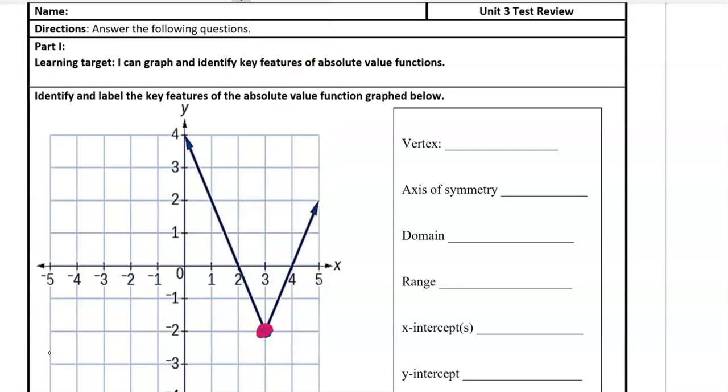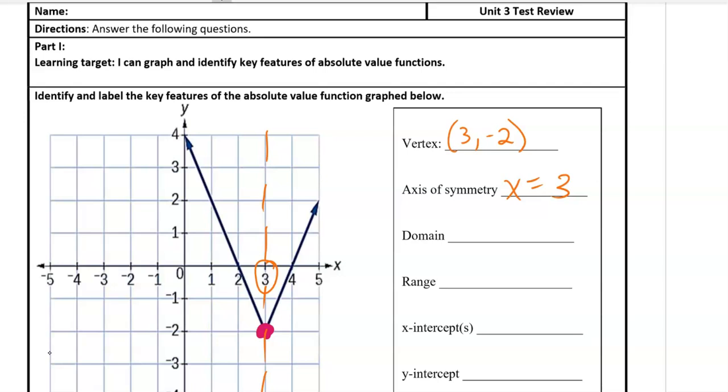So this point here is our vertex, and that point is at (3, -2). All right, the axis of symmetry is going to be that line going straight down the middle of our graph. And it is always x equals, that point is 3, so it is x equals 3.